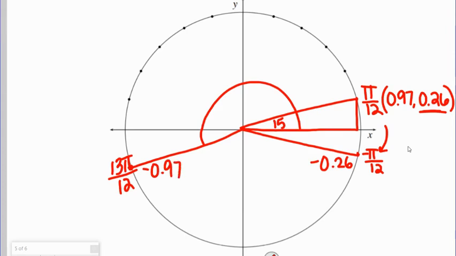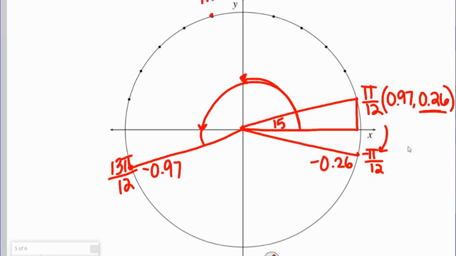All right. And then number 3, it says the challenge, 7 pi over 12. Well, 12 pi over 12 is here at pi, right? 6 pi over 12, that's halfway, that's here. So 7 pi over 12 must be this guy.